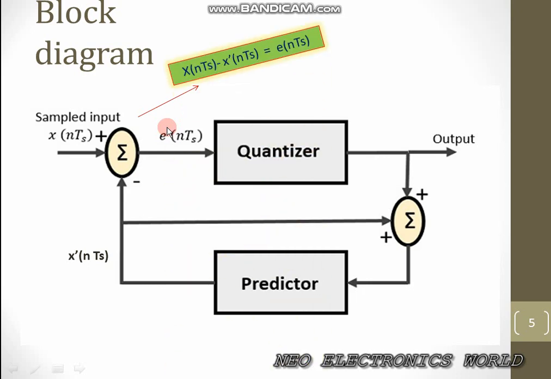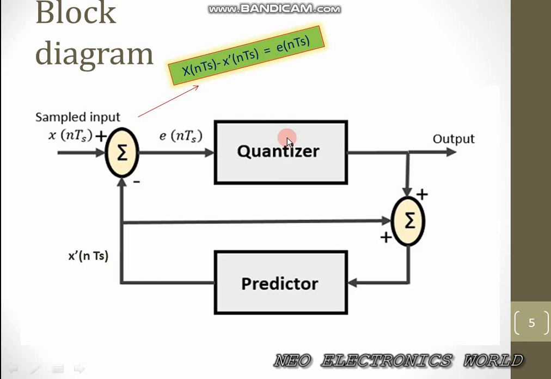Here the comparator is a summer, and it is subtracted. x of nTs minus x dash of nTs produces the error signal e of nTs, and this error signal is given to the quantizer input.